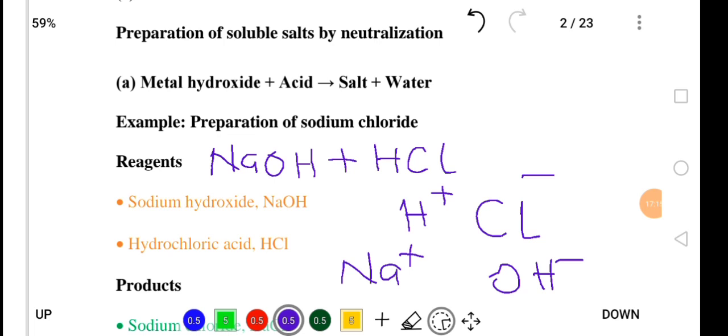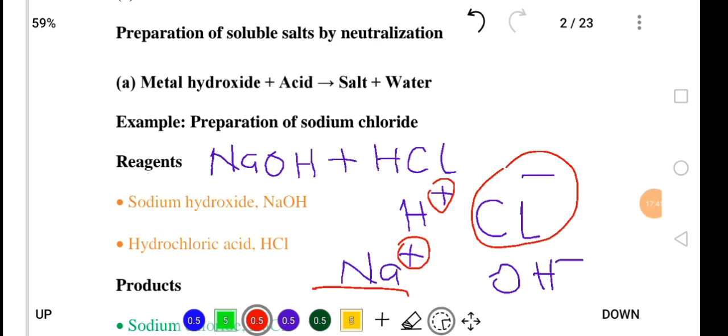Now, the acid will react with sodium hydroxide. When we look at the charges of sodium and hydrogen, these substances have the same charges, meaning between the two there will be a competition. Which one is going to win? The sodium, because sodium is more reactive than hydrogen.